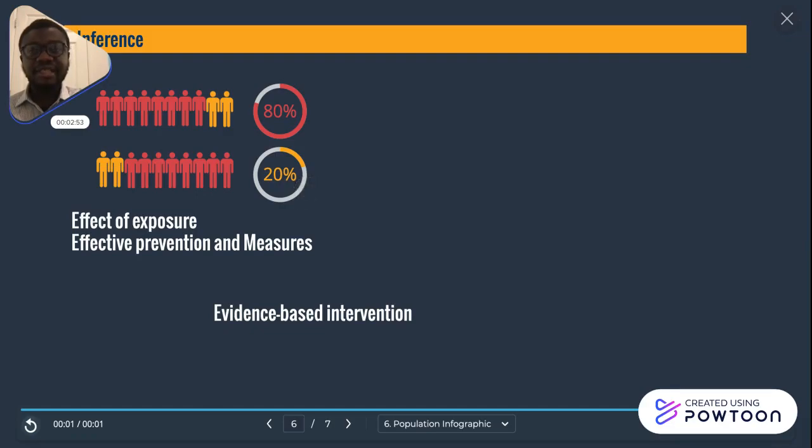The inference that I would offer to the researchers in this community or in this area would be to work and develop effective prevention measures that would improve the living conditions of those that are exposed, and address the effect of the exposure itself, which is causing illnesses to the residents.